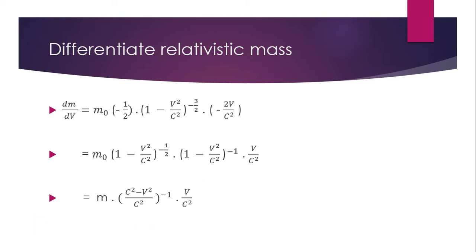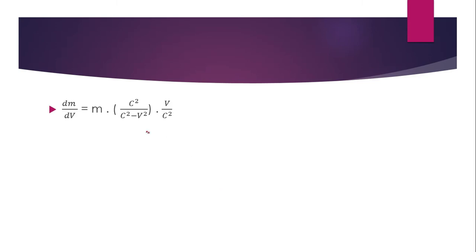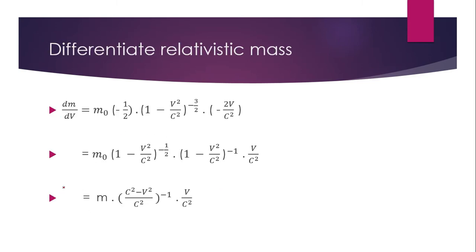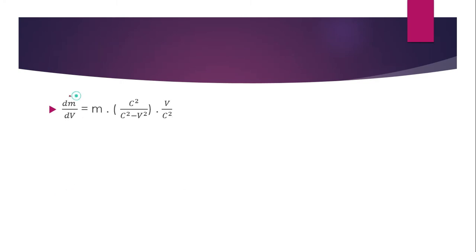So we go next, and here, if you see, there is dm over dv, right? It's dm over dv. So what we're gonna do here is we move this dv to here, and we move this c square minus v square to this side.